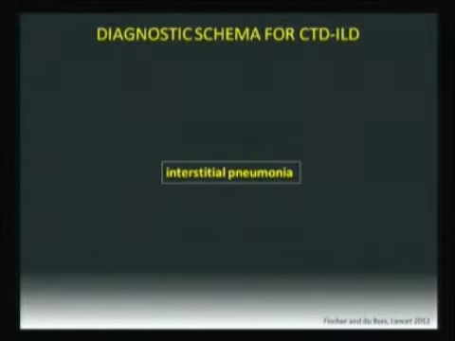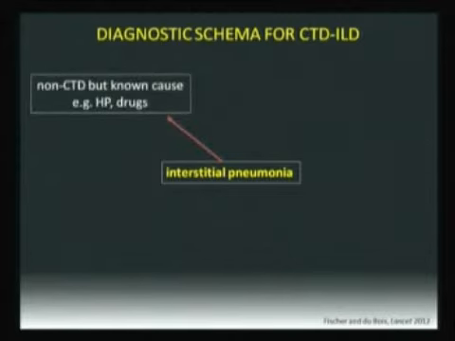So this is my last slide, and this is a scheme that has been proposed by Ari Fisher and Ron Dubois in the Lancet last year. When you get a patient with an interstitial pneumonia, the first thing that you have to do is look for a known cause.